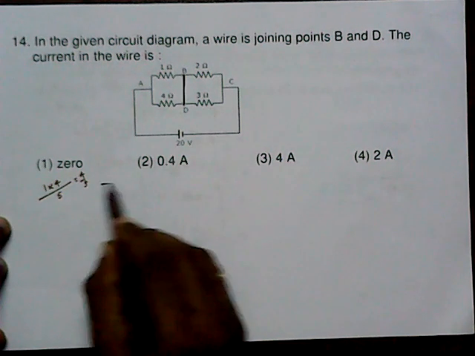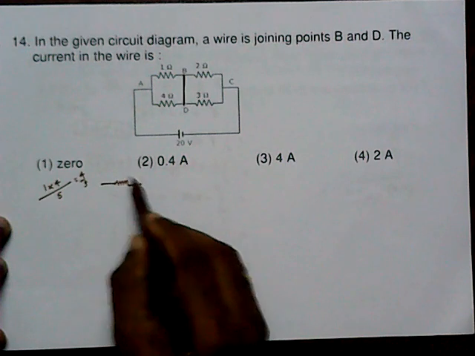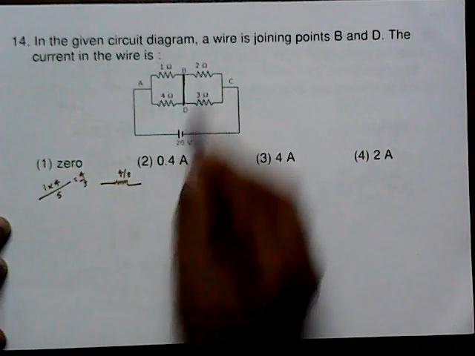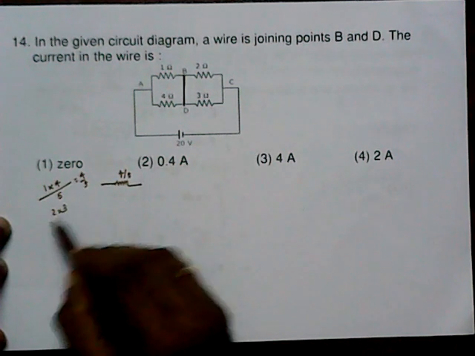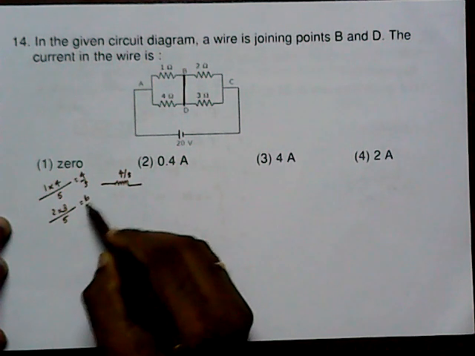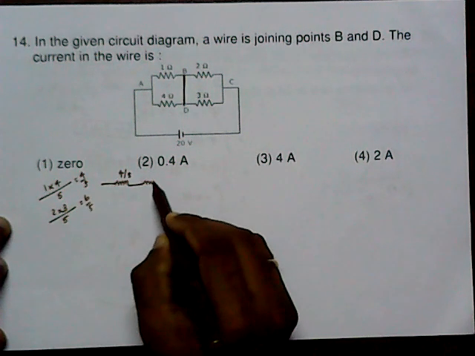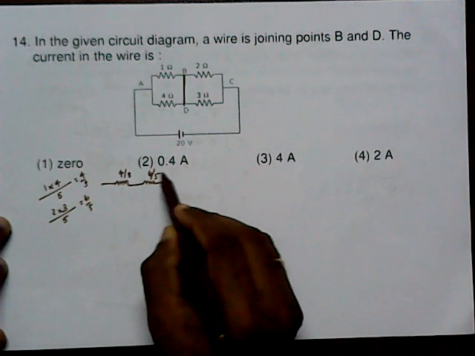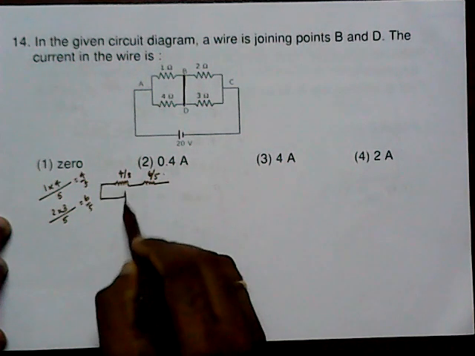The circuit can be redrawn with 4 by 5. For 2 and 3, it is 2 into 3 by 2 plus 3, which is 5, so you get 6 by 5. That is connected to 20.